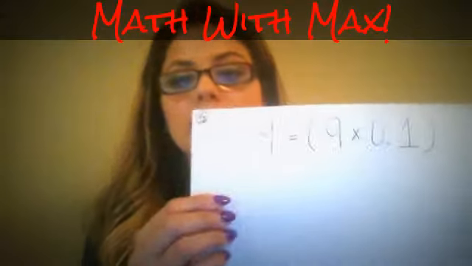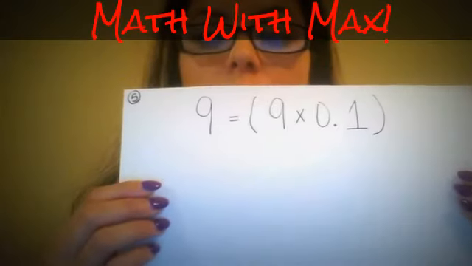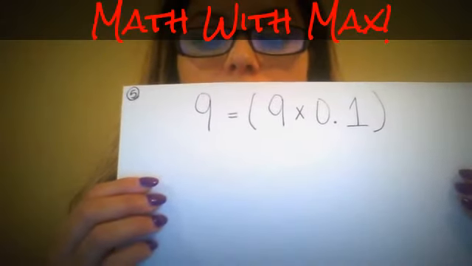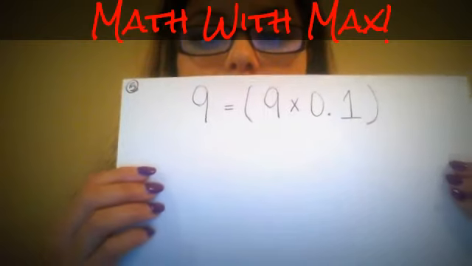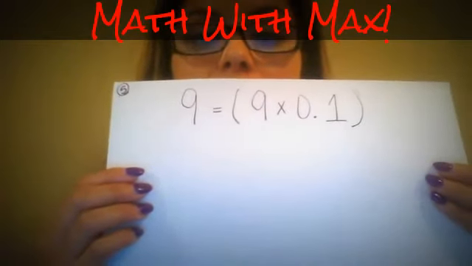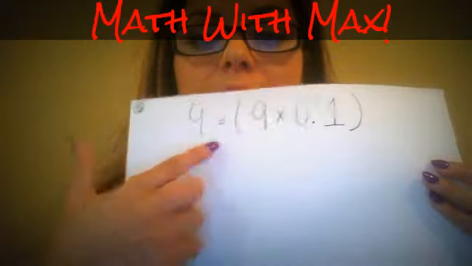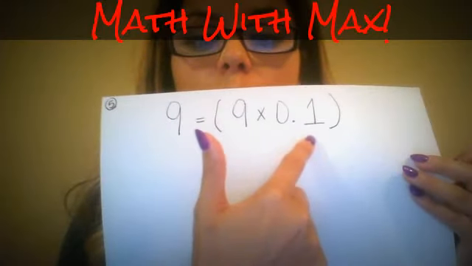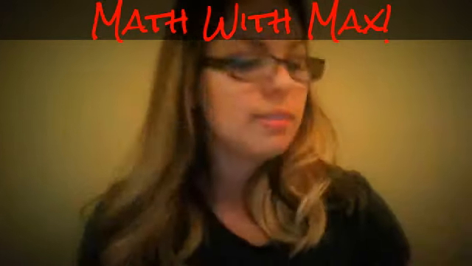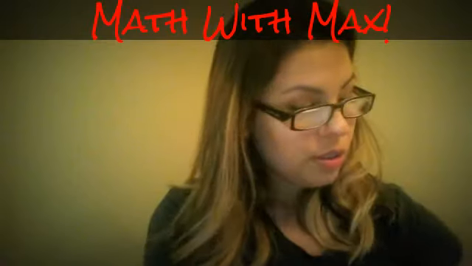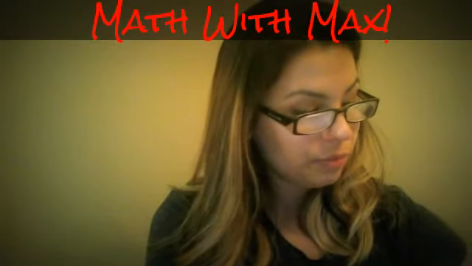Okay, so 9 times 1/10. That means that the 9 is equal to 9 times 1/10. Okay? So what does that tell us? Well, that tells me that there is a 9 in the 10th place. So again, I'm going to make a T-chart.